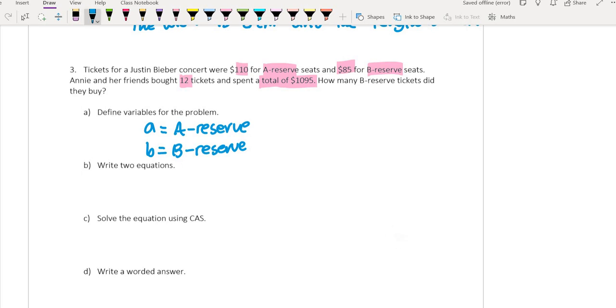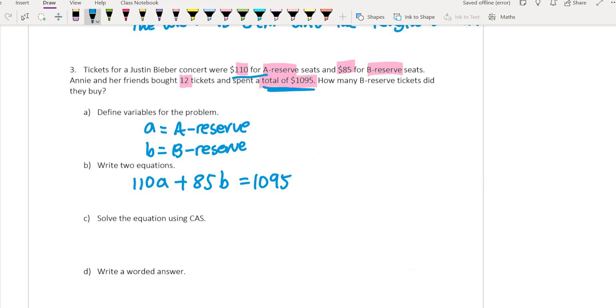So first bit of information is here that we have A costing 110 and B costing 85. And when Annie bought A and B tickets, they ended up costing her this much.